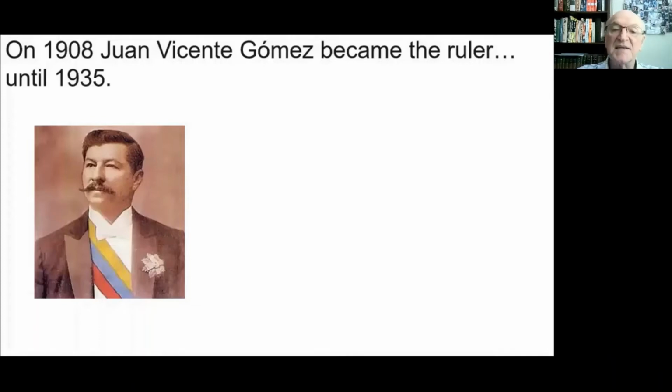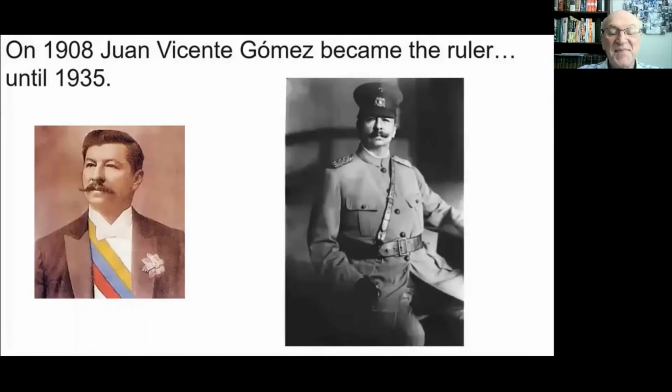In 1908, the sitting president, Cipriano Castro, who was also a caudillo, went to Europe for medical treatment. And Gomez, well, he sent him a get well card and a message not to come back. And well, he could not come back.